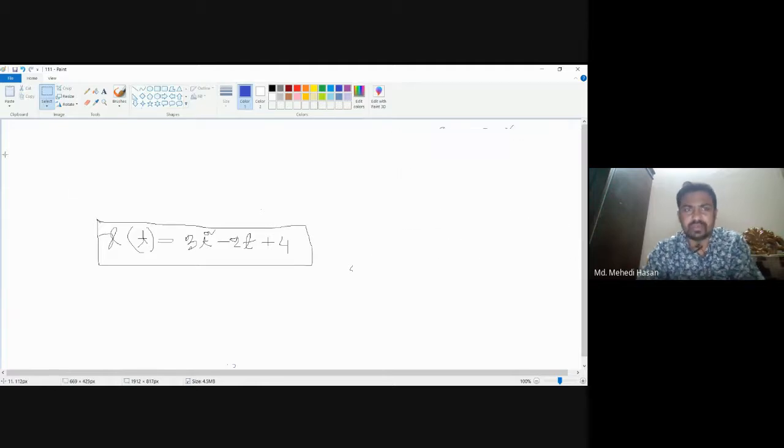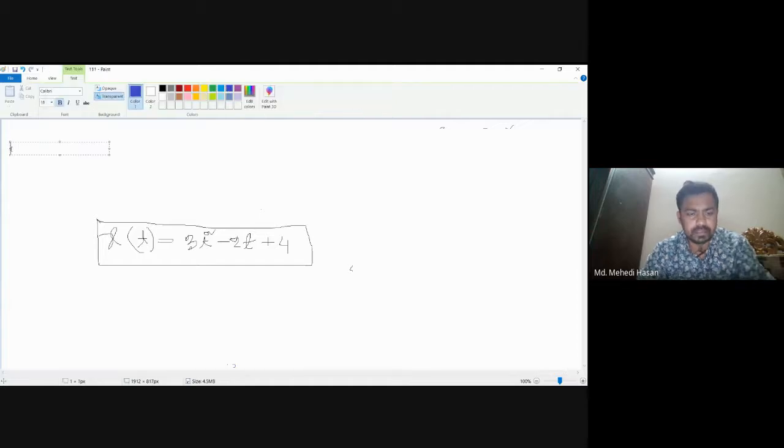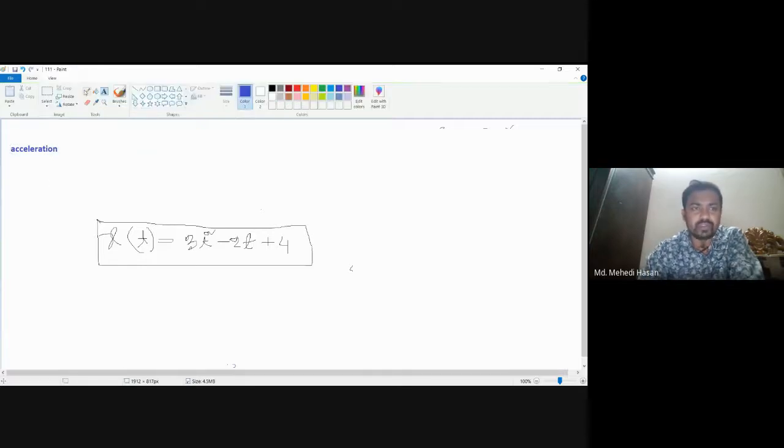Acceleration is of two types basically. The definition of the acceleration is velocity divided by time, so the change in velocity with respect to time will give you the acceleration. First is average acceleration, and another is instantaneous acceleration. Okay.